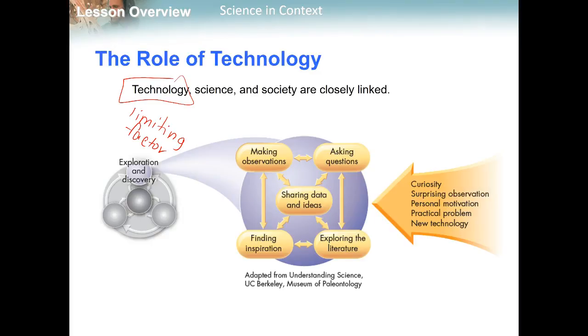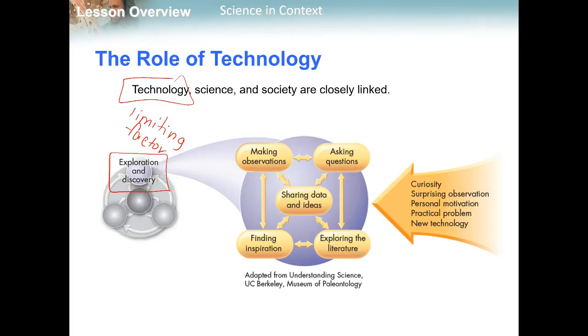So this limiting factor of technology is going to prevent us from exploring and discovering if we don't have the technology to be able to go there and explore and discover. So technology, science, and society are very closely linked with all of what we've been covering.